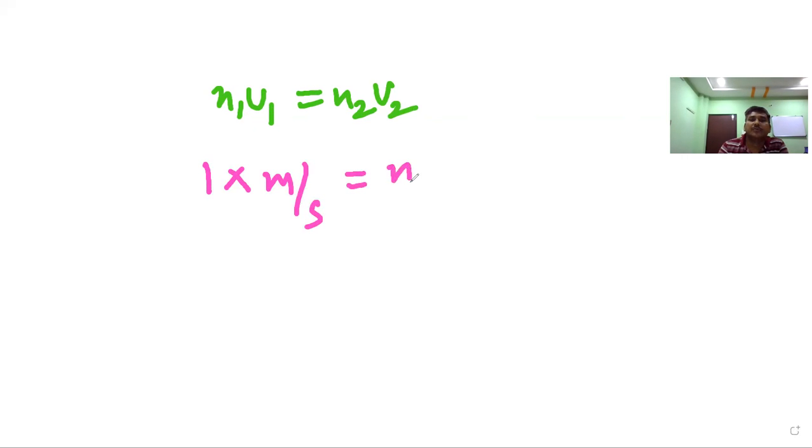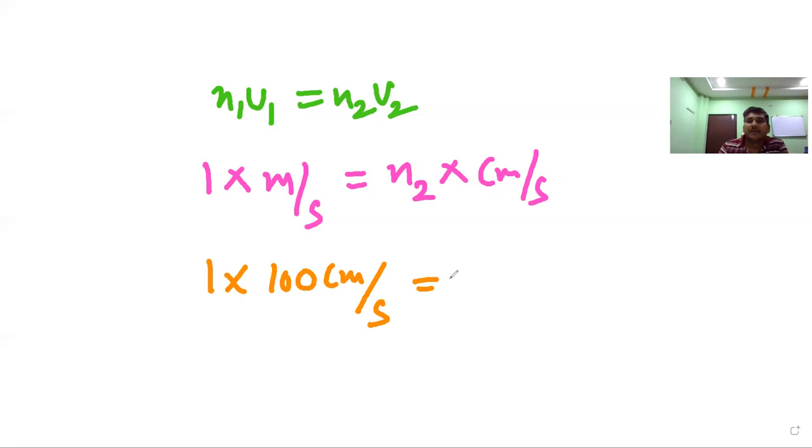N2 we don't know. And U2 is centimeter per second. Now observe, 1 into 1 meter is how many centimeters? 100 centimeters per second.